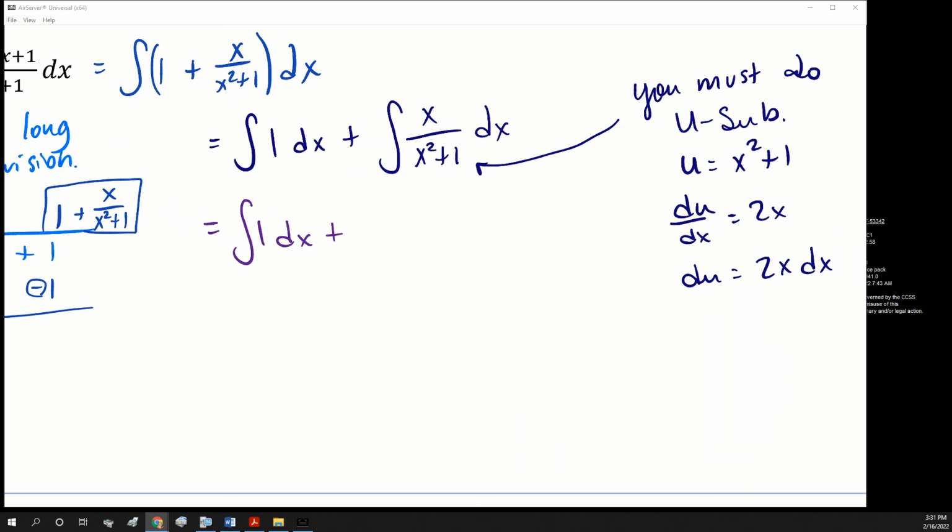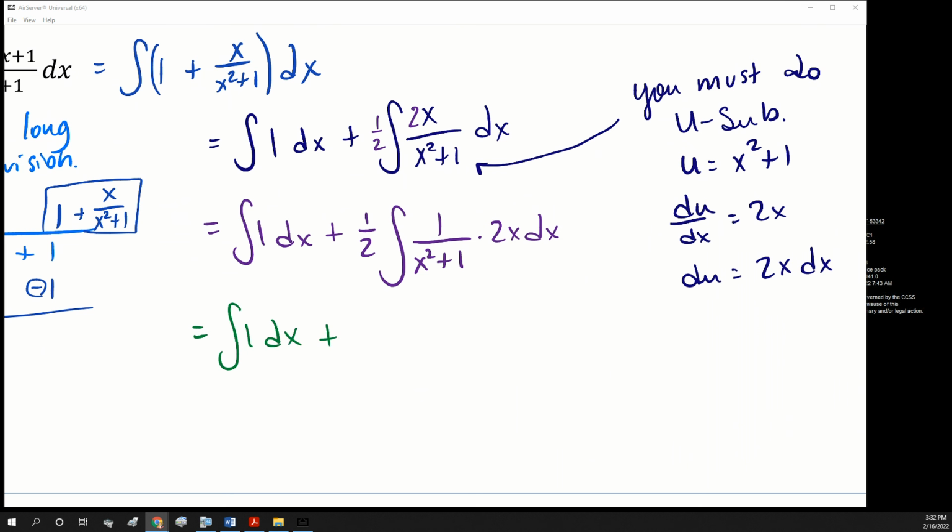So I do have to correct this integral because I need a 2x, and I only have an x. So I'm going to do a 2 here, a 1/2 there. Okay, and then I'm going to rewrite it again for all you people out there that want to see it that way. All right, so now I will still hold off on this integral of 1 dx.